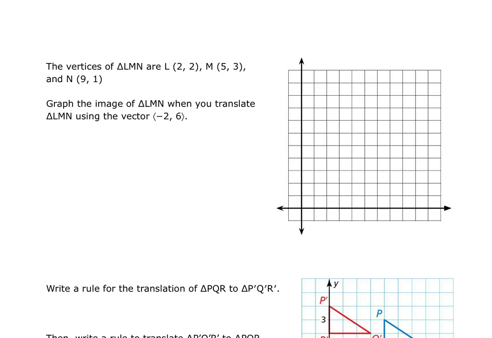When we give you a graph, we'll try to give you a graph that you can fit all the points on, but we're plotting it all on the same piece of graph paper. 2, 2 would be L. 5, 3 would be M. 9, 1 would be N. So we have triangle LMN.